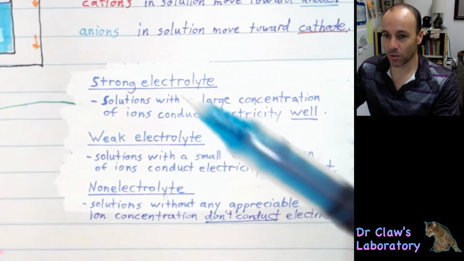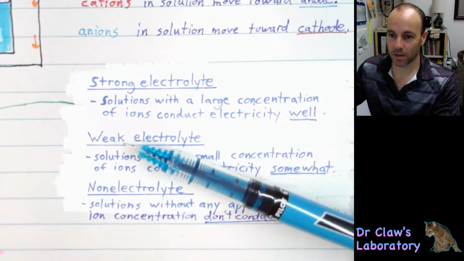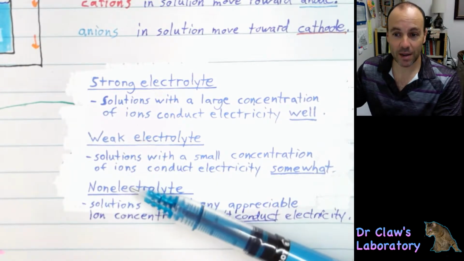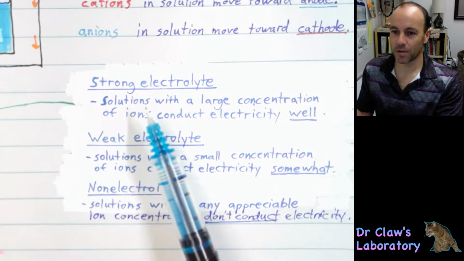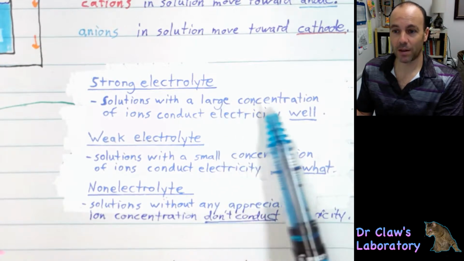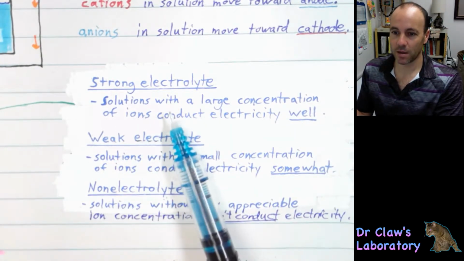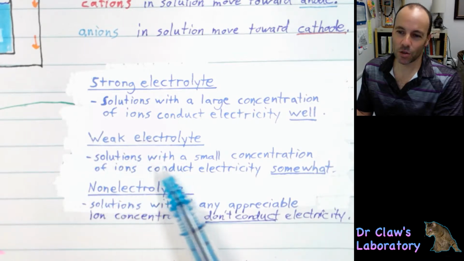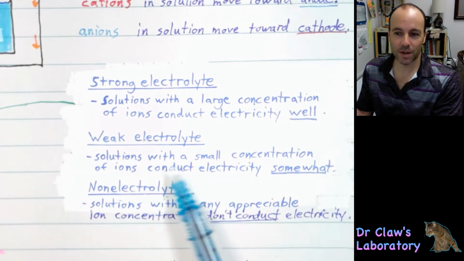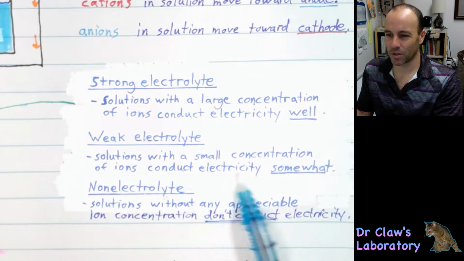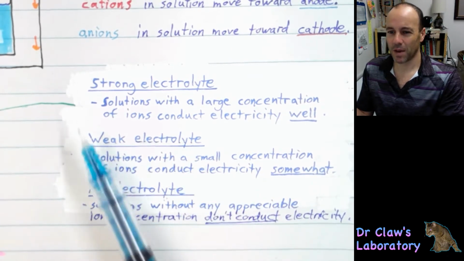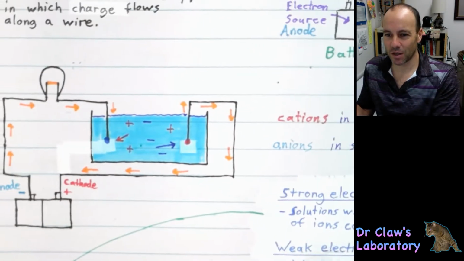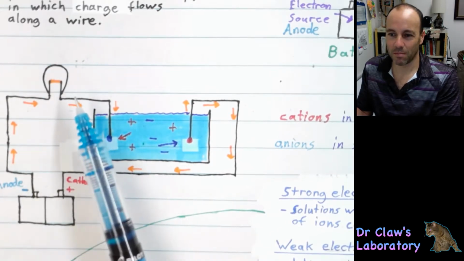So we should distinguish between strong electrolytes, weak electrolytes, and even non-electrolytes. Strong electrolytes are solutions that have a large concentration of ions, and they conduct electricity well. Weak electrolytes are solutions with a small concentration of ions, and they don't really conduct electricity very well. If you had a weak electrolyte in this circuit, the light bulb might be kind of dim.